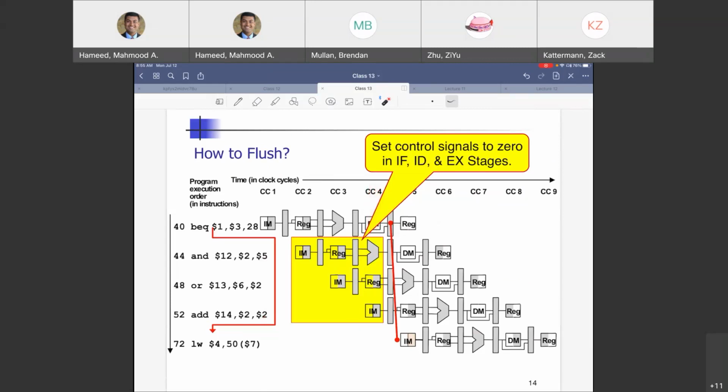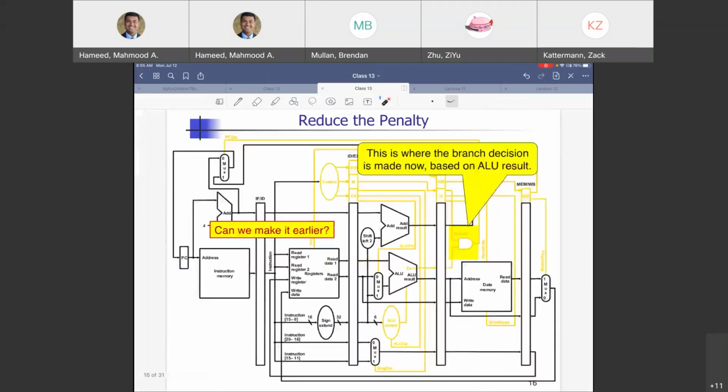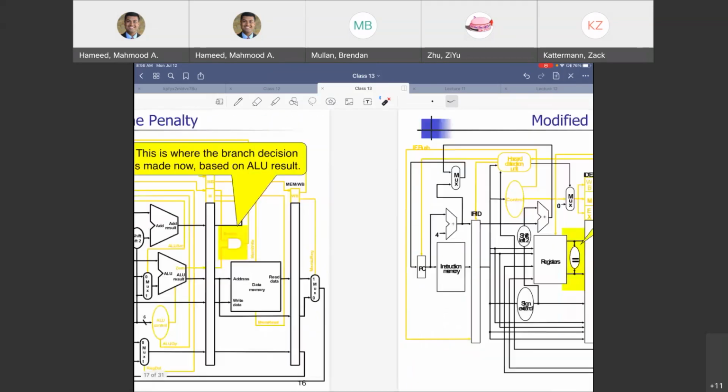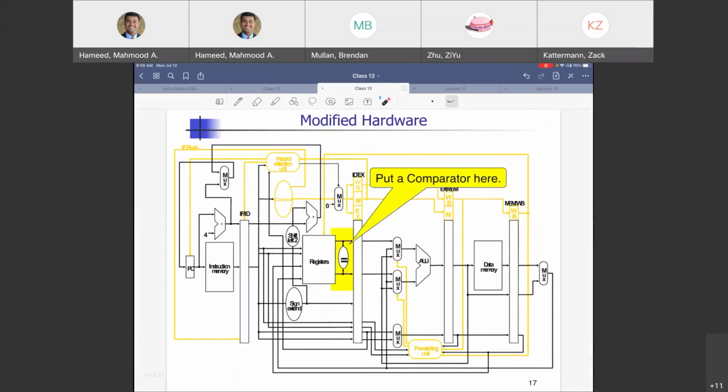Let us try to see if we can make that branch evaluation earlier and reduce the penalty. Here, we have already talked about this. This is where we made the branching decision based on the ALU result. The question is, can we make it earlier? Put a comparator over here, immediately after the register file. When you read those two registers, branch when equal requires you to read those two registers. Once you read them, put a comparator here.